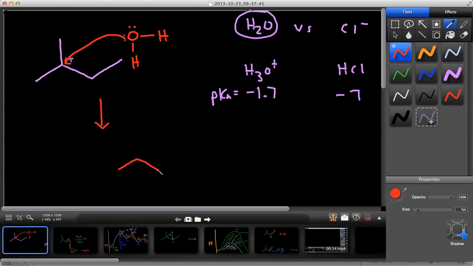This sets up yet another intermediate in which oxygen is positively charged.